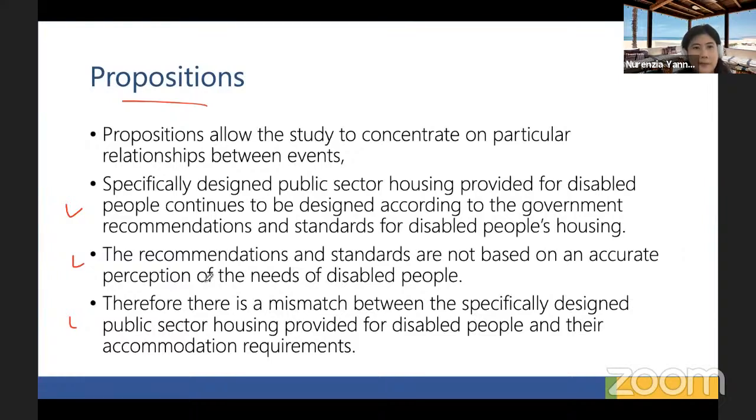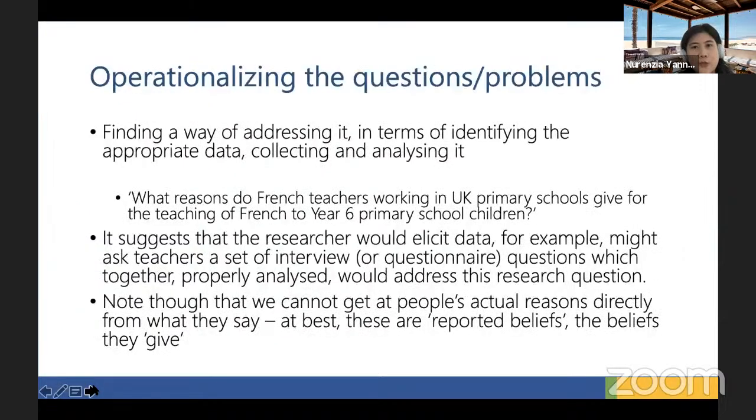So it's relating recommendation and also accurate perception. Kalau yang ini relating design public sector with government recommendations. Yeah. So you can use propositions as well to create research problems. Do you know what I mean?